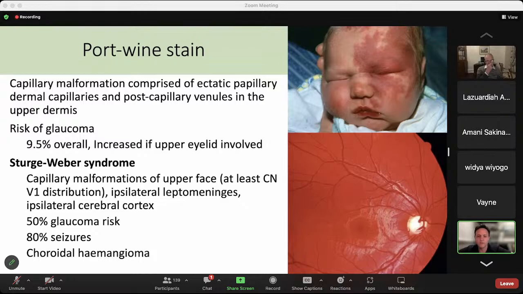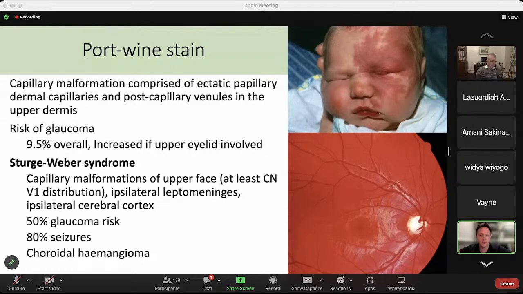And doing angle surgery in those kids is not going to work and is associated with a high rate of complication, including intraocular hemorrhage. So it's important to look at these kids carefully to see if there's any evidence of any choroidal hemangioma, particularly in the young kids, because if you do proceed to doing any glaucoma surgery, if you end up with hypotony, the rates of intraocular hemorrhage are very high, and they're very difficult eyes to sort of manage.